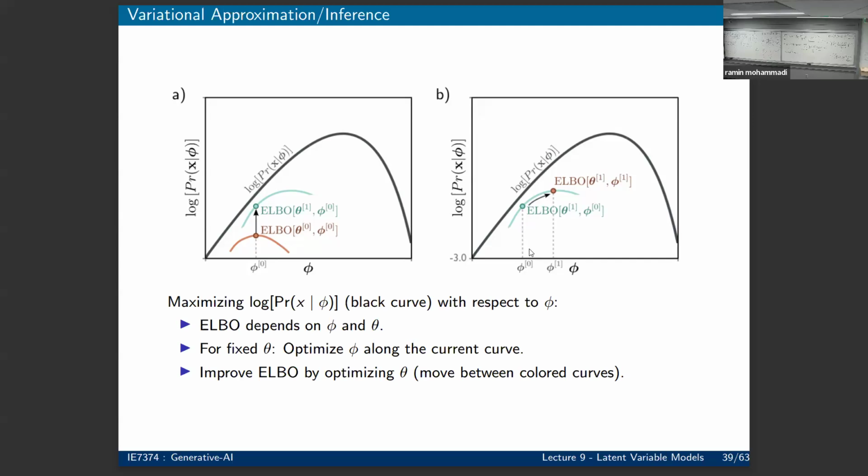But what you know is that if you keep increasing these curves, because by default they should always be below the original function, and you successfully increase those, you should get to a higher value of the original function. It doesn't happen in reality, but it's possible that you get to the point where this curve is theoretically equal to this top point. That's mathematically possible, but in reality it doesn't happen.